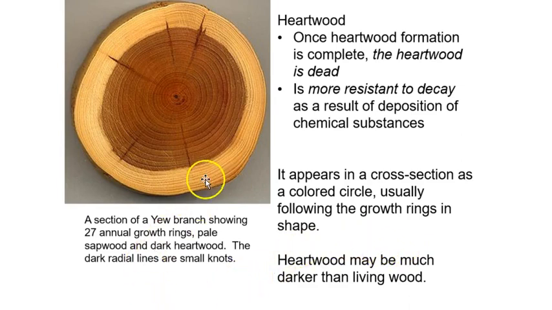Okay, and then this here is a cross-section through a trunk, and it shows 27 annual growth rings. So that's 27 years they count in on those rings. And it also says here that the dark radial lines are small knots, also important. We're going to talk about knots very soon. So these were branches, and now what they leave behind are knots.